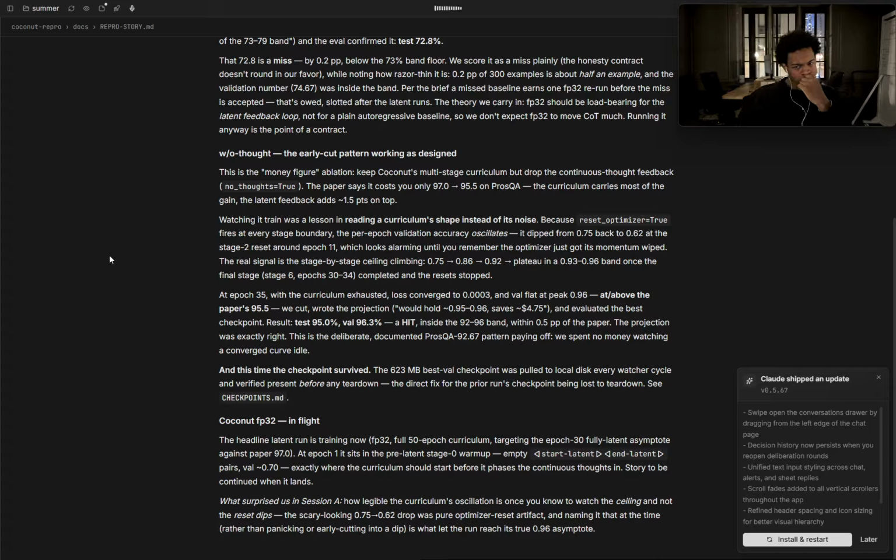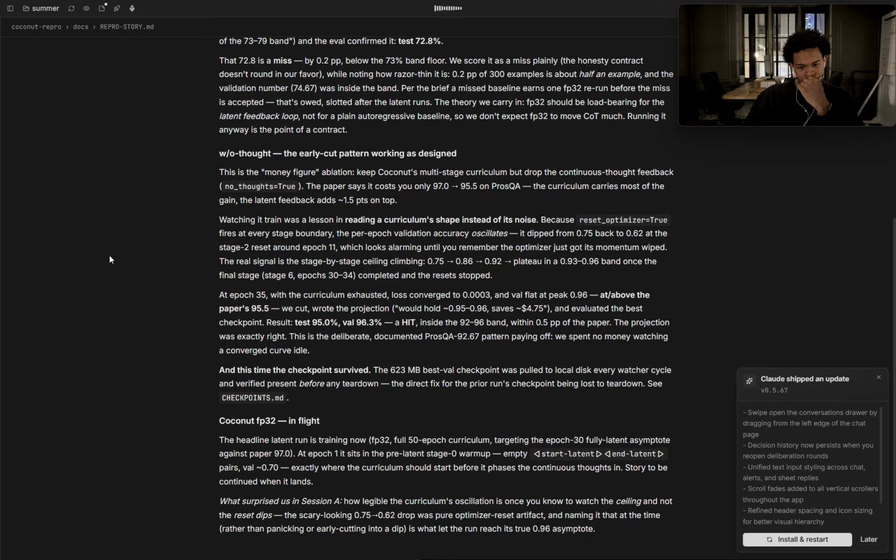At or above the paper's 95.5, we cut, wrote the projection. Would hold about 0.95 to 0.96, saves about $4.75, and evaluated the best checkpoint. Result, test 95.0%, validation 96.3%, a hit inside the 92 to 96 band within 0.5 percentage points of the paper.